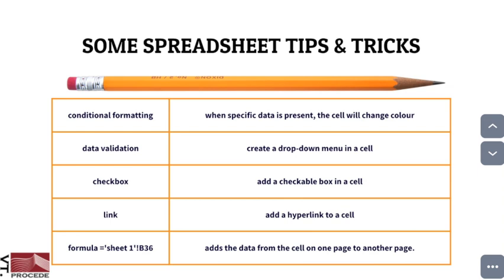We added a checkbox that we can use in the cell. We added a hyperlink to a cell so that in the case of having a digital portfolio, we have a cell that's linked out to images. And we added a formula where we compiled the data from one sheet, from a cell, onto a master sheet for me as a teacher. So those are some of the Excel tips and tricks that we used.